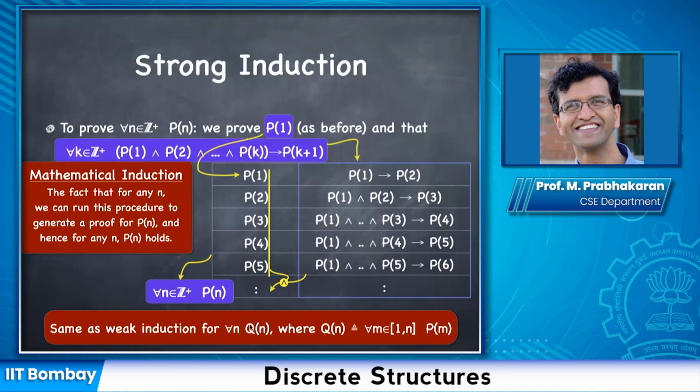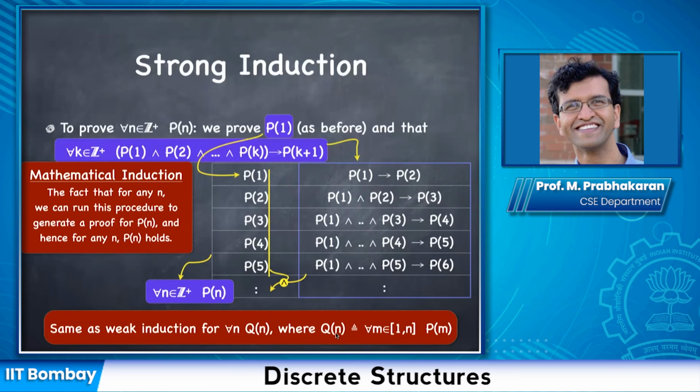So if you imagine a predicate Q, where Qn is defined to just say P1 and P2 and P3 all the way up to Pn. That is the definition of Qn. So if I define Qn to be the conjunction of Pm for all m from 1 to n, there's a new predicate now.